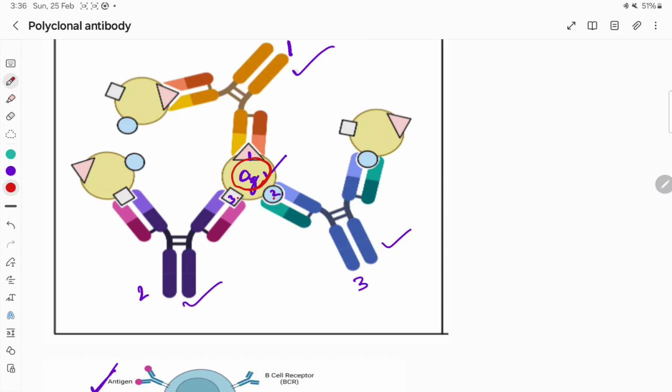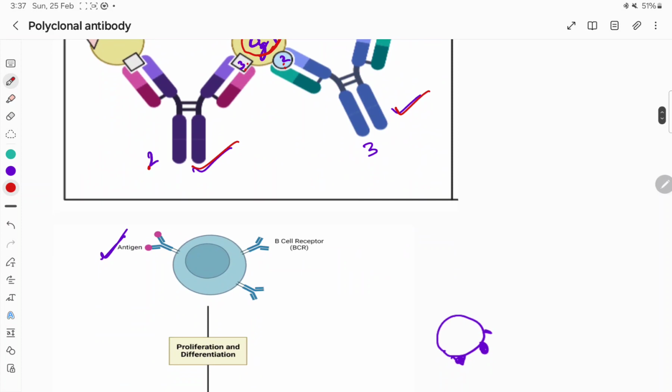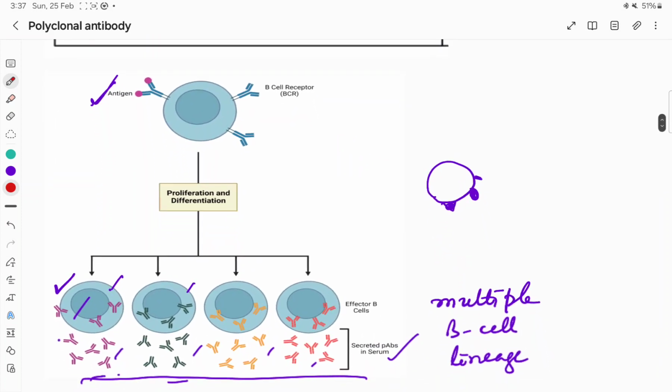Antibody 1 targets this epitope, antibody 3 targets this epitope, antibody 2 targets this epitope. In this case, this mixture of antibodies is called polyclonal antibodies.